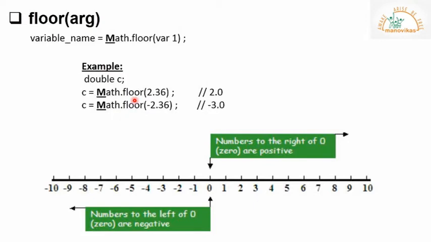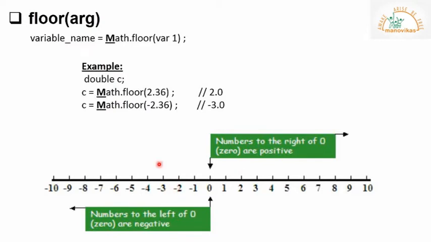The next example is minus 2.36. Minus 2.36 lies between minus 2 and minus 3. I believe everyone remembers that on the negative side, when you go towards the left-hand side, the values are lower, and when you move towards the right side, the values are higher.